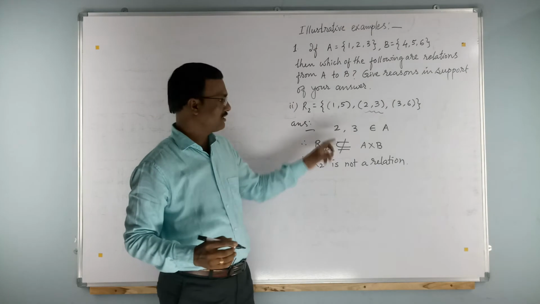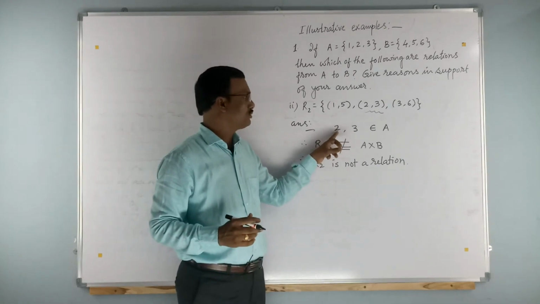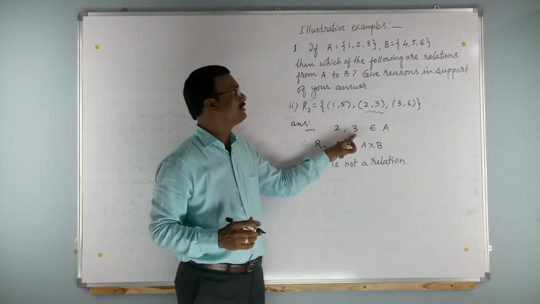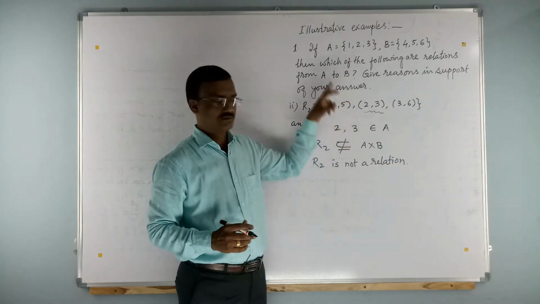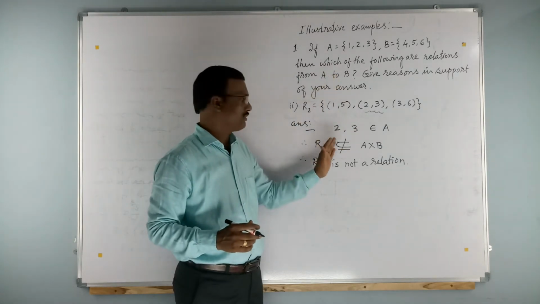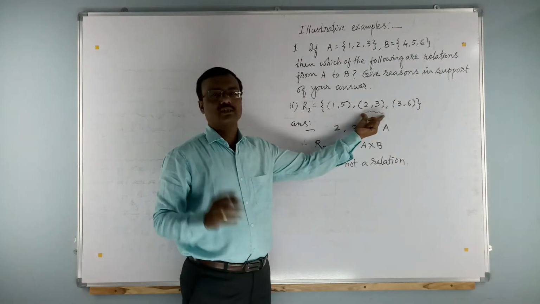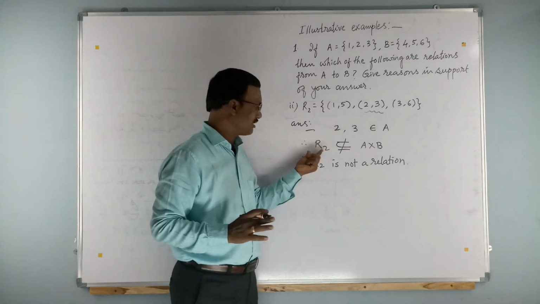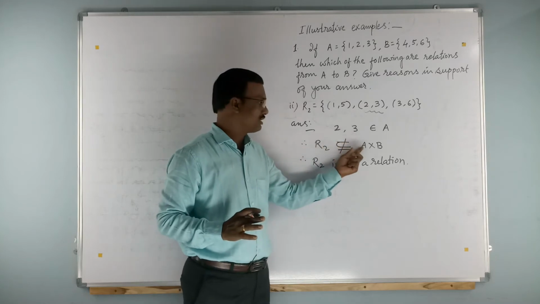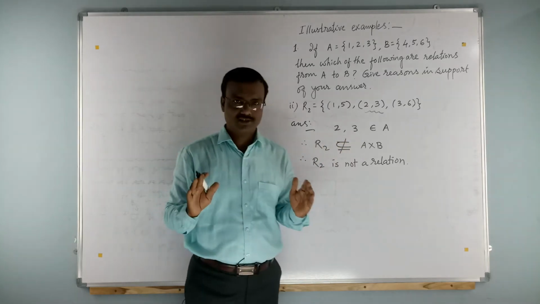Okay, so as I explained earlier, this 2 is from A, but 3 should have been from B, but 3 is from A again. That's why this pair 2 comma 3 is not from A cross B, and hence the relation R2 is not a subset of A cross B, and hence this is not a relation.